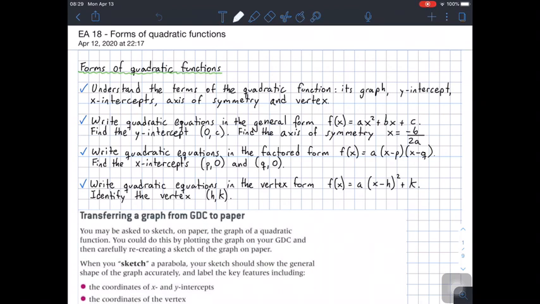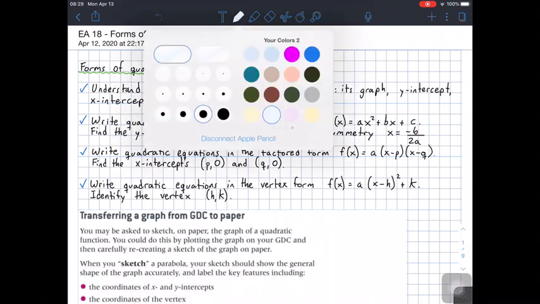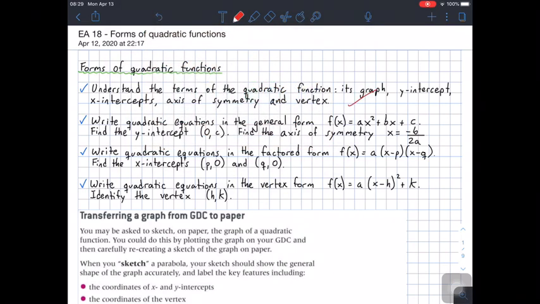The objectives for this class, we have quite a few here. The first one: understand the terms of the quadratic function, its graph, y-intercept, x-intercept, axis of symmetry, and vertex, which we're going to see a quick review in a second.